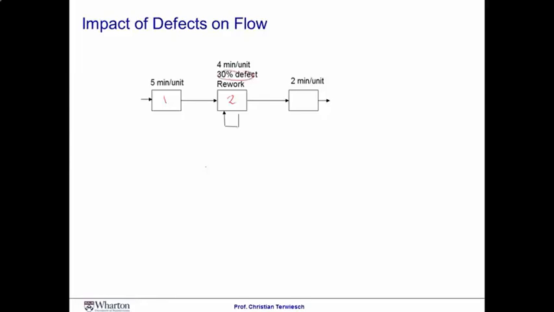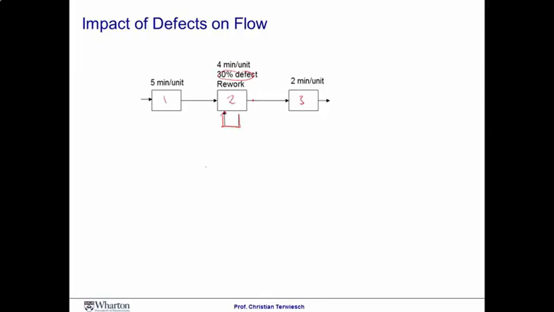However, I'm going to catch that defect right at the completion of step 2, and if I repeat the operation, I'm going to spend another 4 minutes, and I'm going to fix the flow unit. Let's assume for now that rework also always works and fixes the unit in the first pass of the rework. And then finally I have a third step in the process with a processing time of 2 minutes.